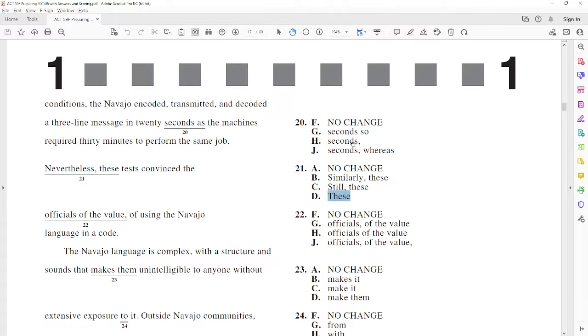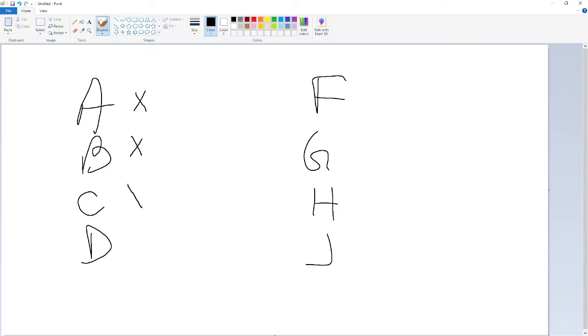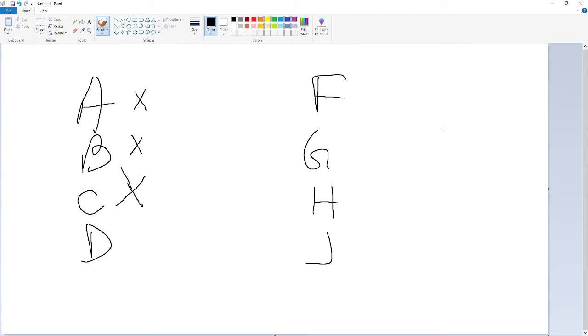B is out. C says still, which is also opposite direction. I am tall. Still, I cannot reach high places. It's opposite direction. So D is correct, just these. So maybe you didn't even recognize that was really kind of omit, delete. And again, put it in your notes. Sometimes with transition word ones, the last one, well, sometimes it's not even the last option.